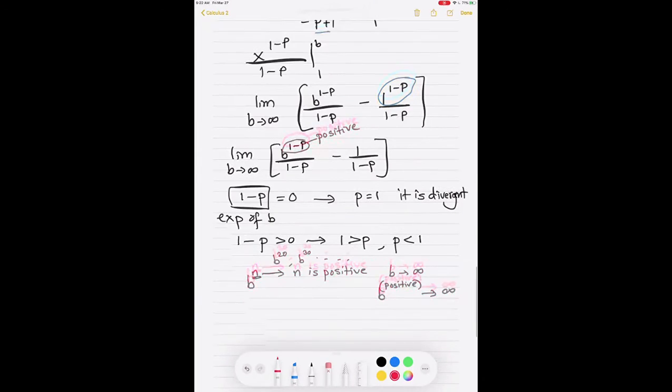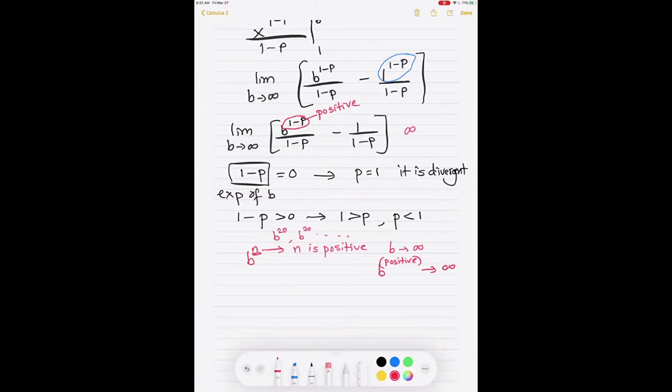So this is going to be infinity minus, but remember 1 minus p is positive, so you're just going to have 1 over 1 minus p, which is still infinity. So it's going to be divergent. So for p less than 1, it is divergent, and I'm going to box this: the exponent of b was positive.